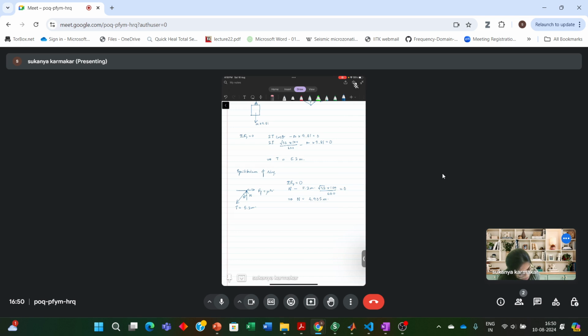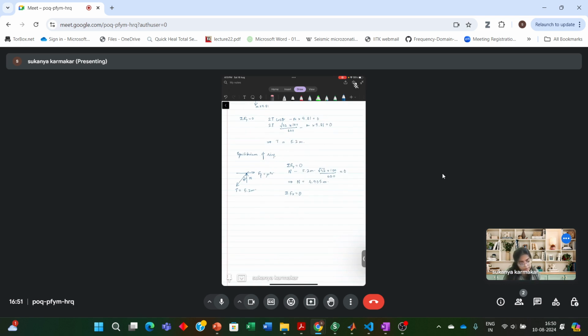Then you do equation of Fx is equal to 0. There has to be horizontal equilibrium as well. So Fx minus 5.2 sin theta.